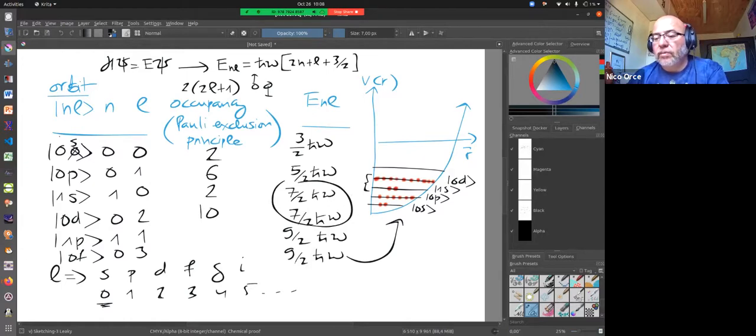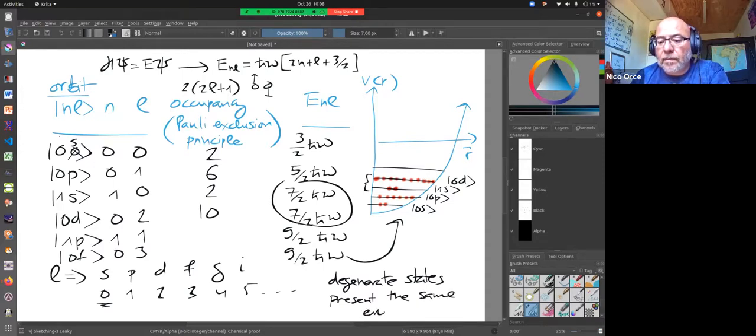So these two should be together, because they are degenerate states. The degenerate states present the same energy, right? And so on and so forth. Also, the 1p here and the 0f, these two guys will be the same, and the 0f will come together.